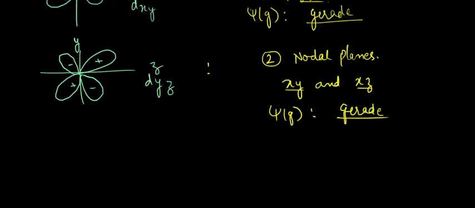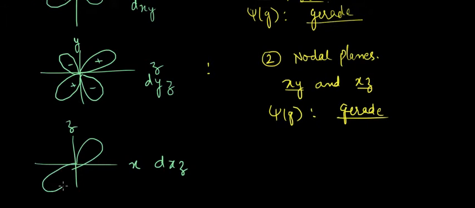Let's see another example, where we have dxz. Again doing the same, just rename the axis and redraw the same structure we drew for the previous ones. So it would be positives here and negative here.